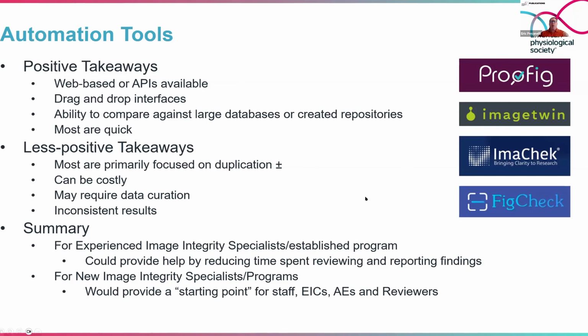And especially with reporting the findings, I find that takes a lot of time. You go through all that time to find the manipulation, but then you have to create a report, or I create a report for my ethics manager, and that takes a lot of time. It's easier to remove from a report that's created for you than to build one from scratch, I find, and certainly for a new program, it would be a great starting point.